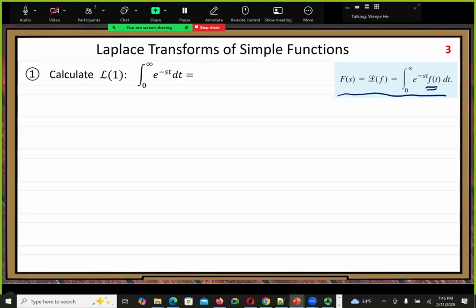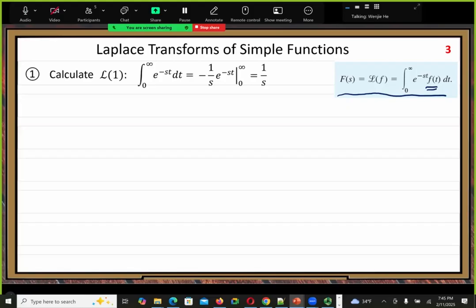But at infinity, you need to take a limit. Because you can plug in 0, but when you plug in infinity, you need to take the limit.